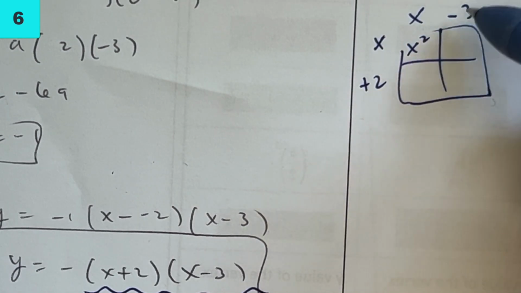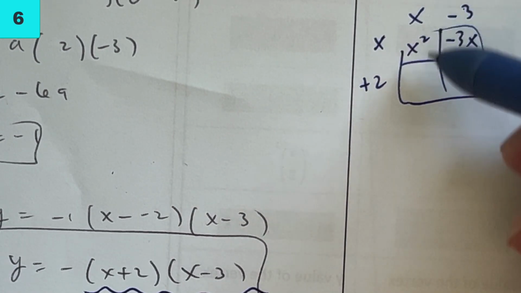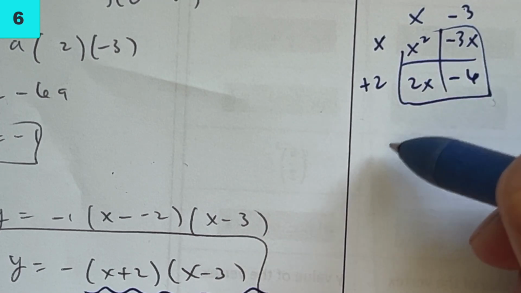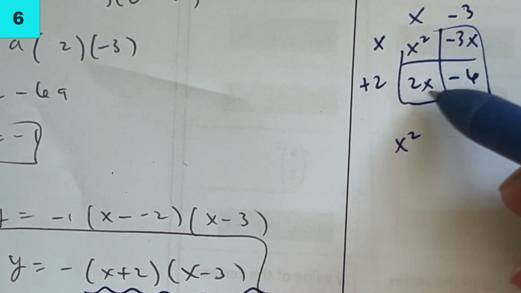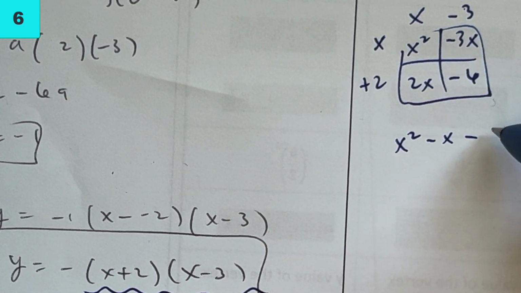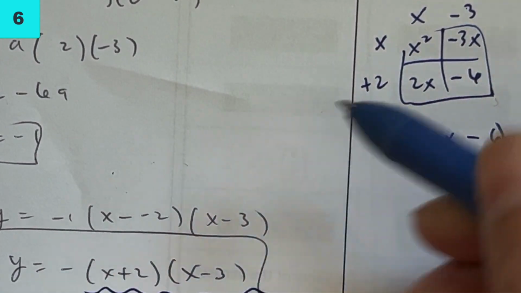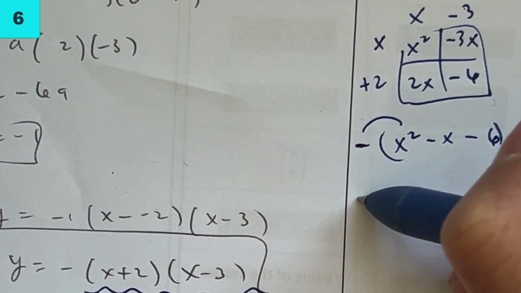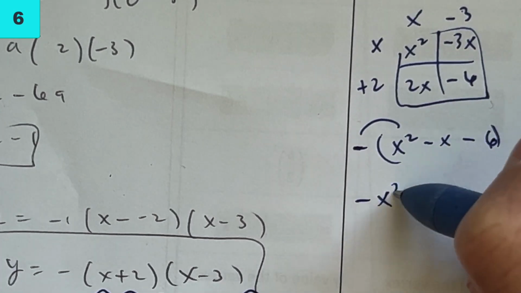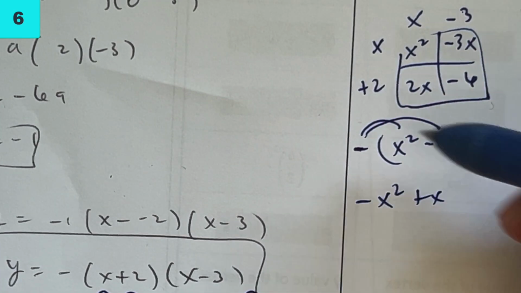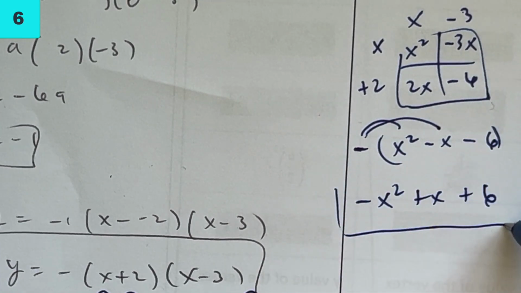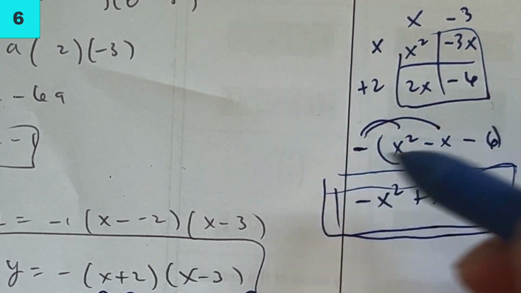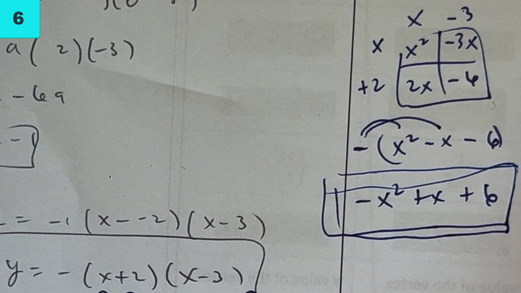That becomes x squared. Then I'm going to combine like terms, so that's negative x minus 6. Don't forget you have the negative, so we're going to have to distribute the negative. And that's how we get negative x squared plus x plus 6 as your answer.